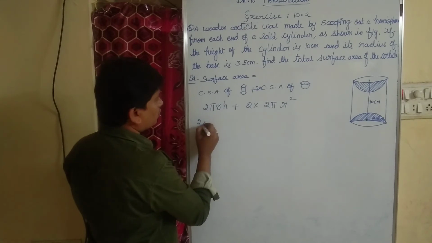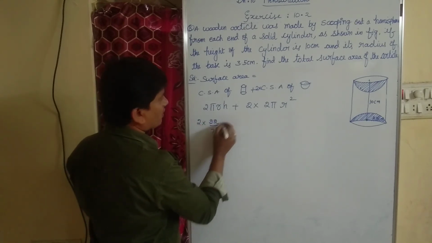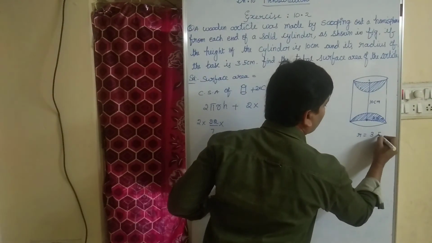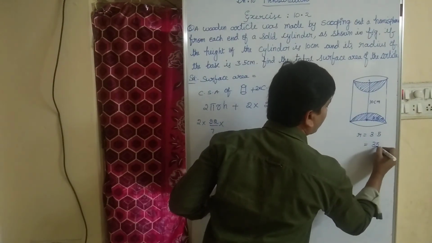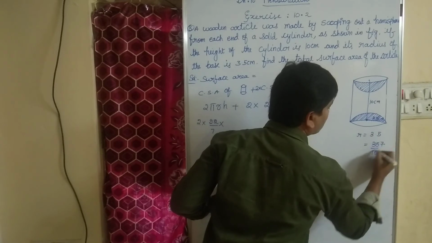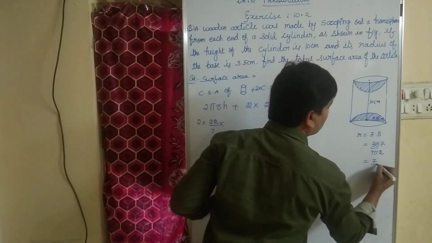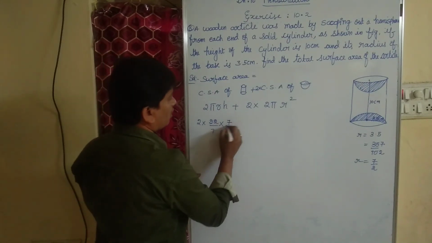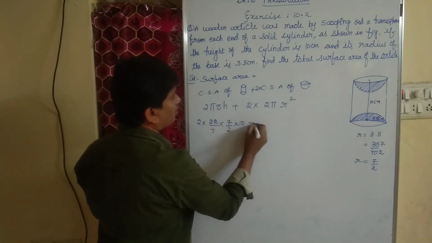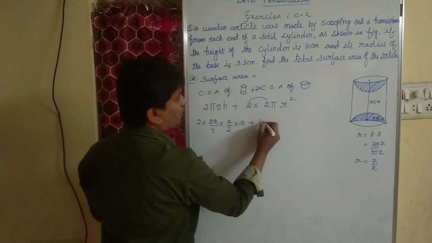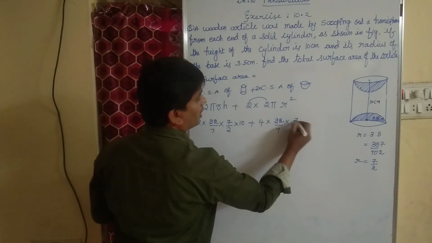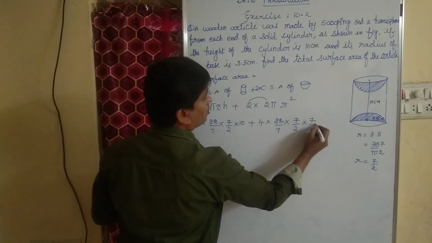So 2 into 22 by 7, the given radius 3.5 I can write as 35 by 10, so radius is 7 by 2, and height is 10, plus 2 into 2, that is 4, into 22 by 7 into 7 by 2 into 7 by 2.